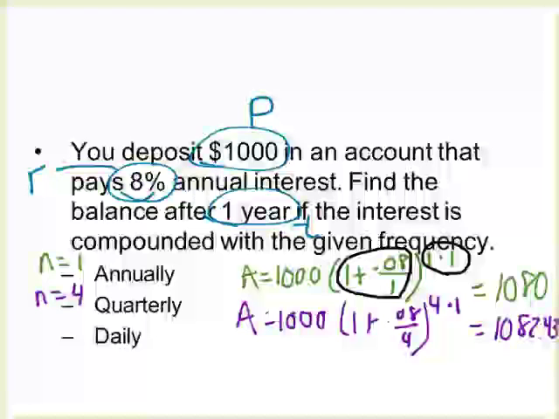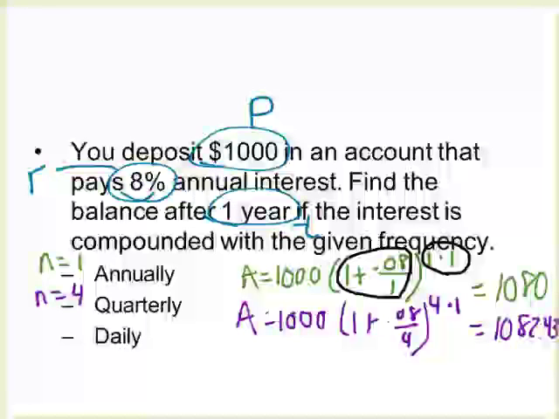Because what happens is, after that first quarter, they give you some money. Then when they figure it the next quarter, they figure it based on the 1,000 you put in and the money they gave you. So we have a bigger balance there to figure our money off of.